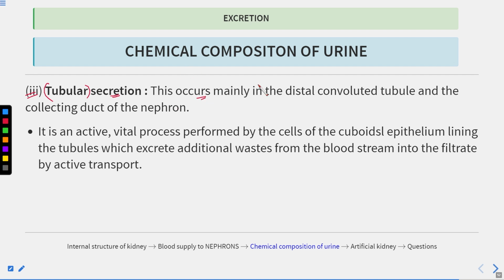This occurs mainly in the distal convoluted tubule and the collecting duct of the nephron. It is an active vital process performed by the cells of the cuboidal epithelium. They are a special kind of cell, the cuboidal epithelium. These cells line the tubules and are involved in the secretion.